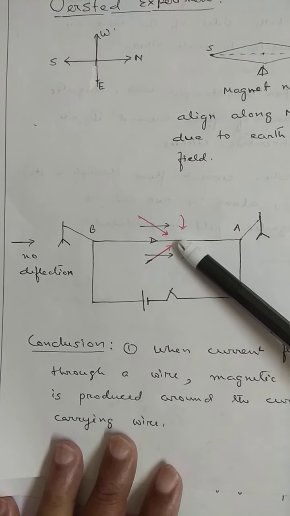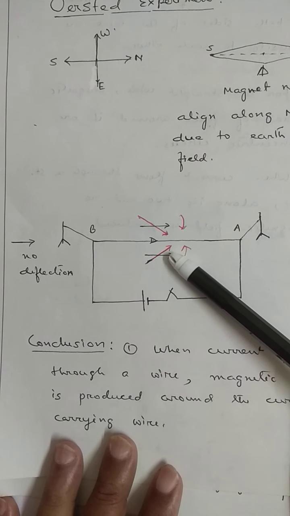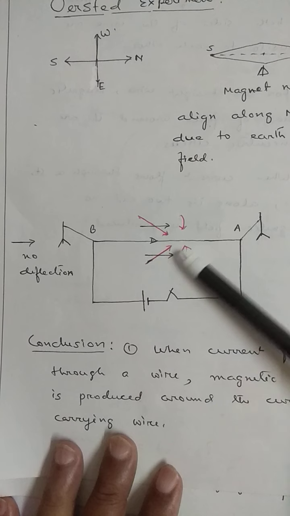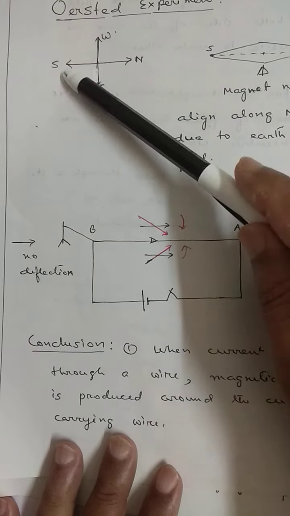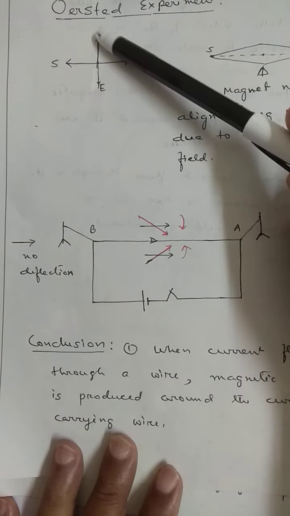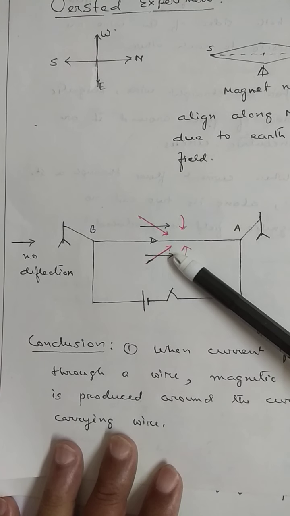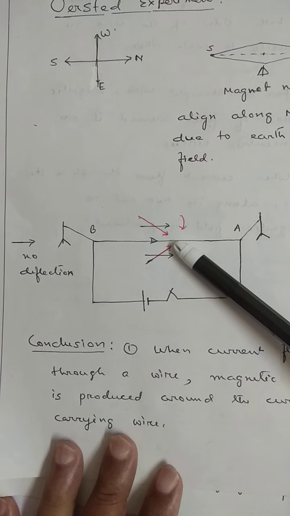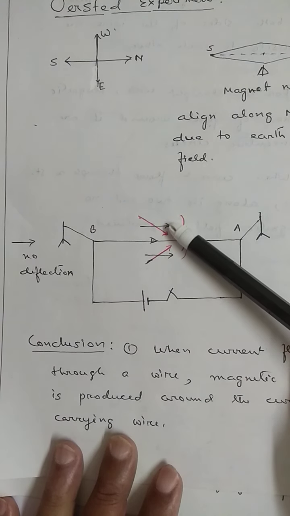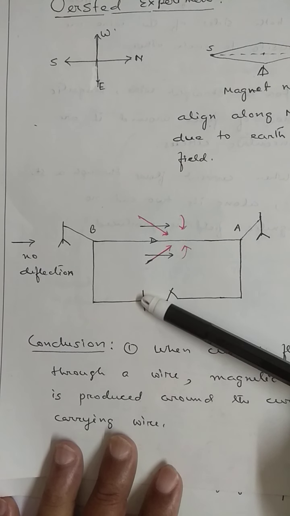When current flows through the wire, the north pole of the needle placed below the wire gets deflected from the north-south direction towards the west, and the north pole of the needle placed above the wire gets deflected towards the east.